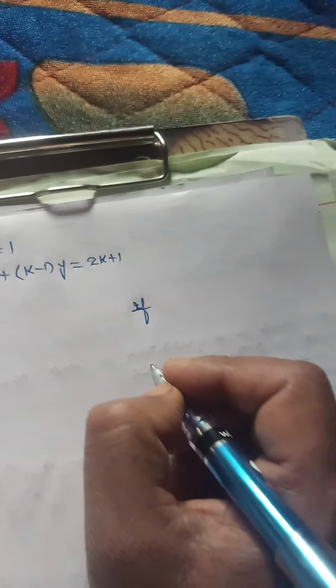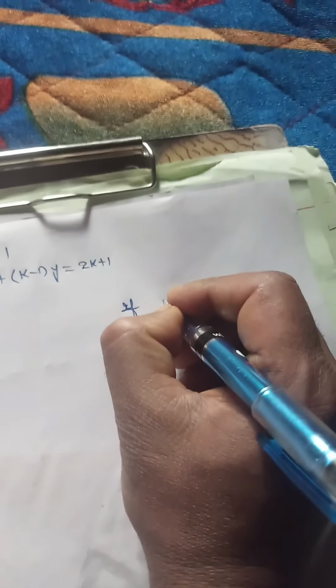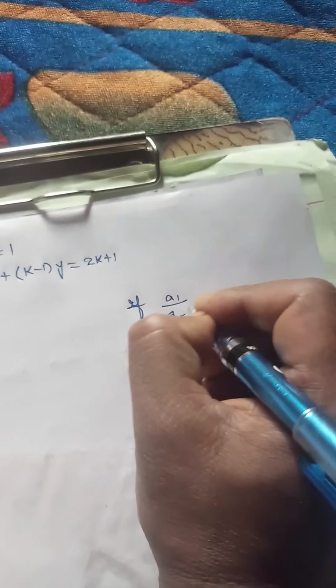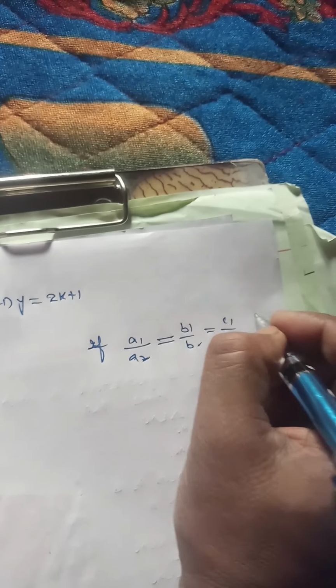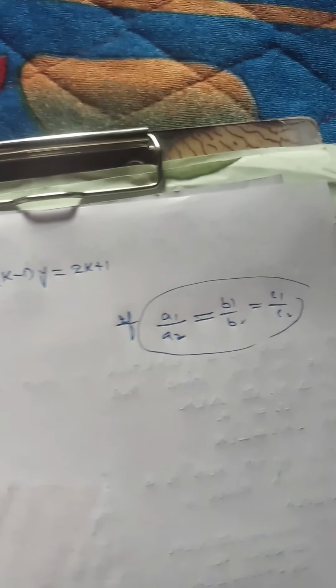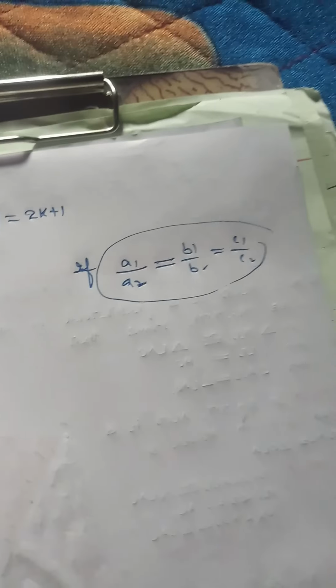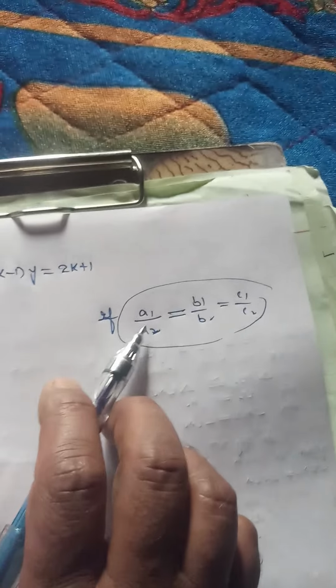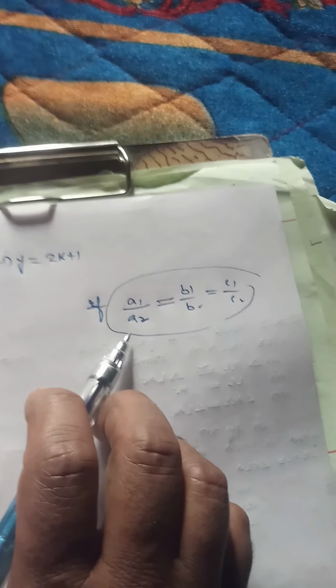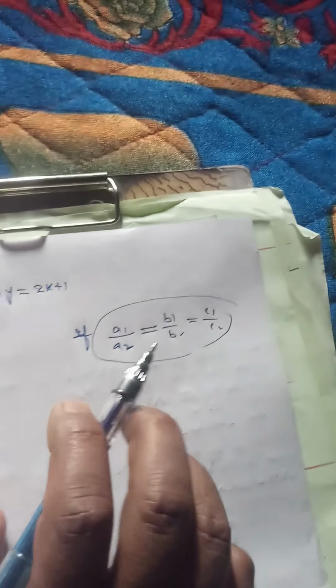First, if a1 divided by a2 is equal to b1 divided by b2 is equal to c1 divided by c2, then there are infinitely many solutions. Here a1 is the coefficient of x and a2 is the coefficient of x of the second linear equation. In this situation we write only infinitely many solutions.